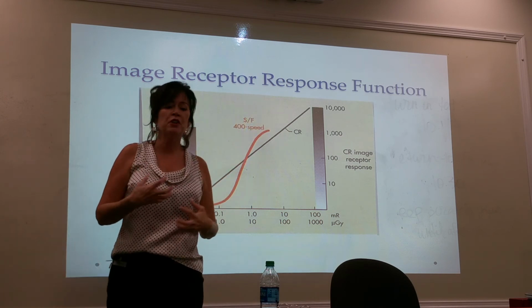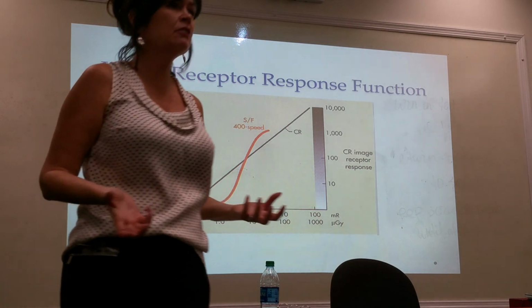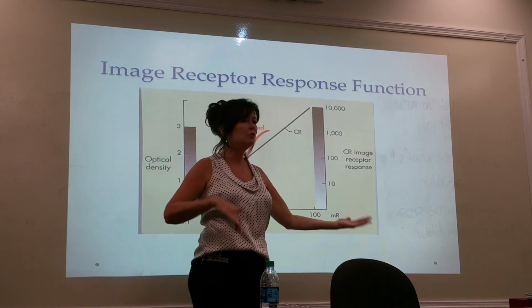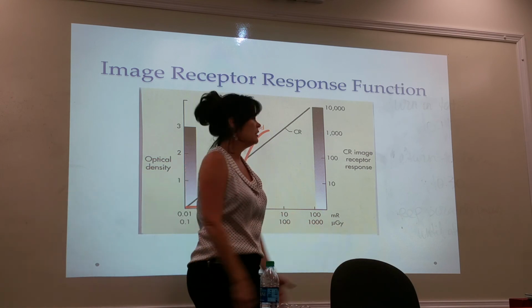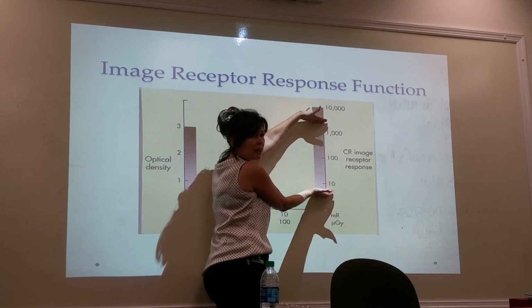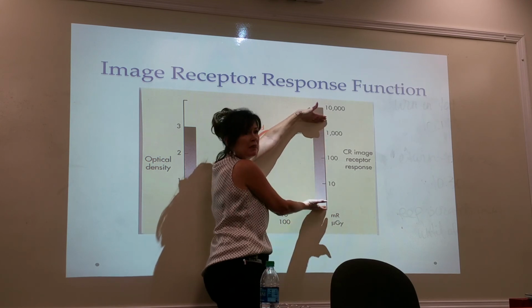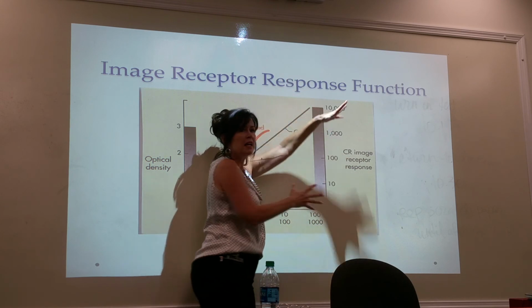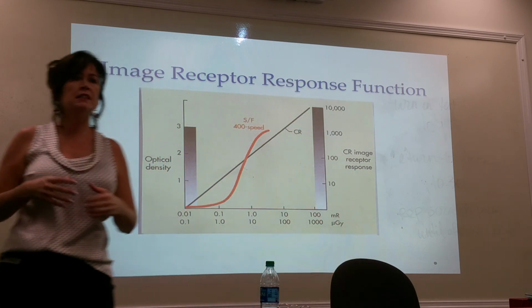So that is why you can almost use any technical factor, within reason. You can get too low, you can go too high, but even if you're just somewhat close, this is the amount of area your images will come in. So the computer has such a wide range of useful densities.